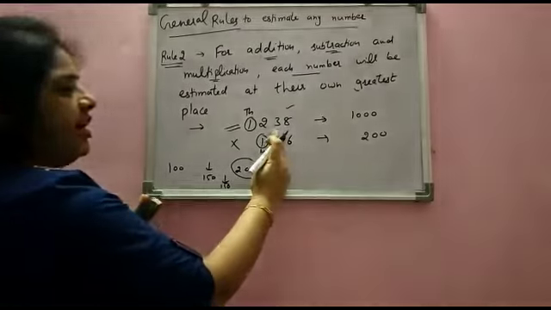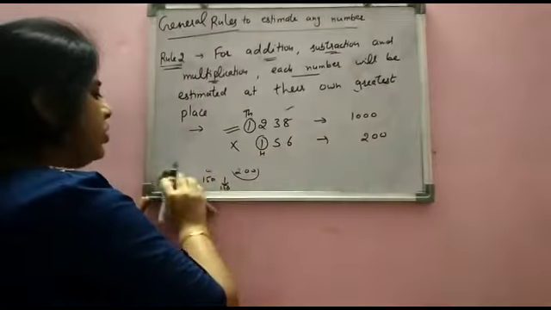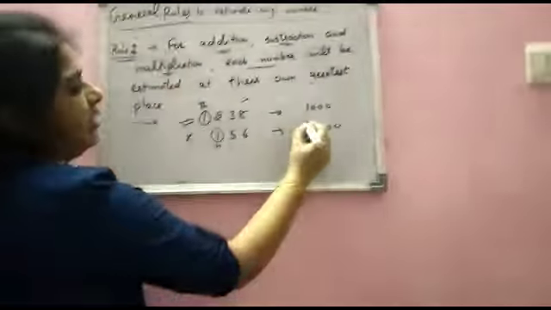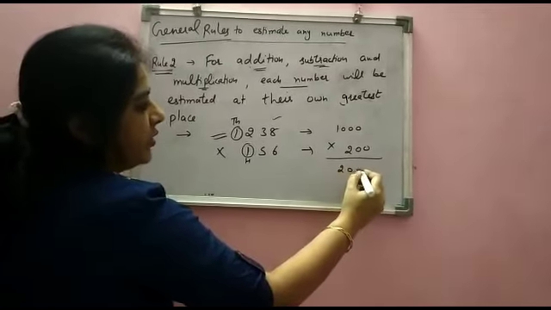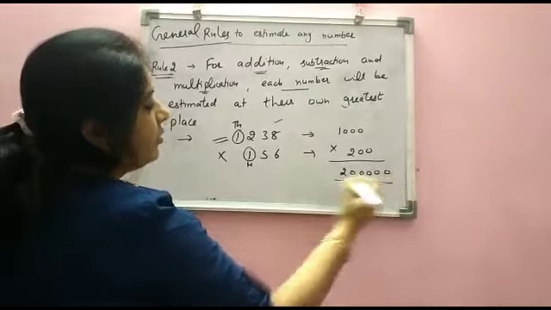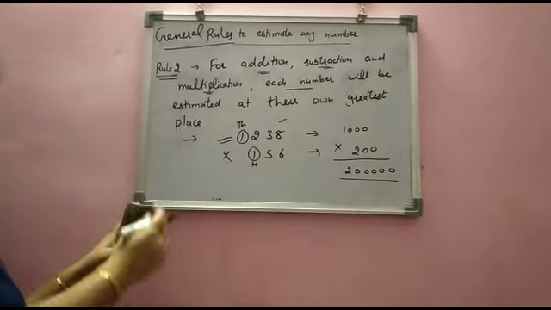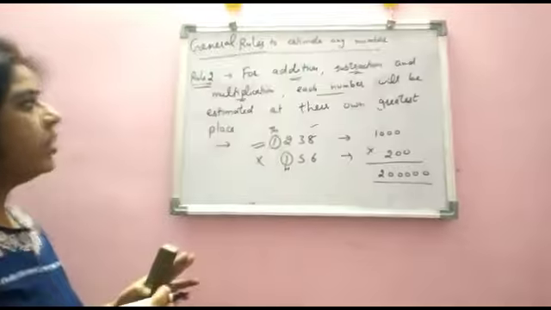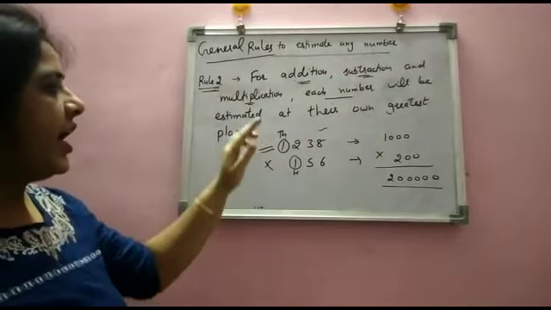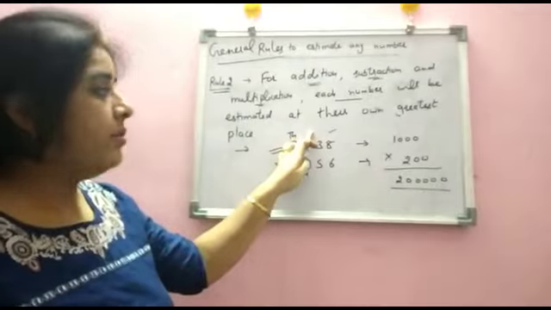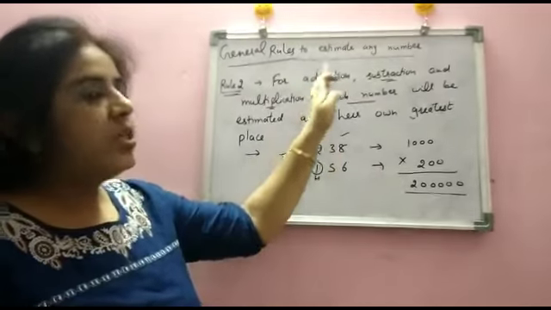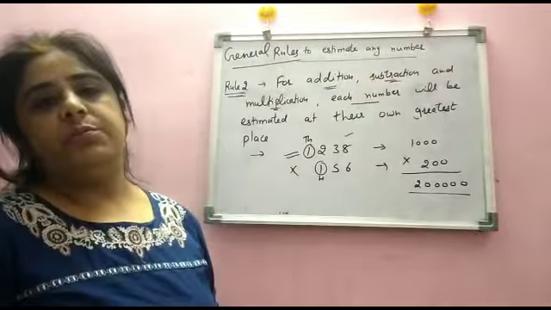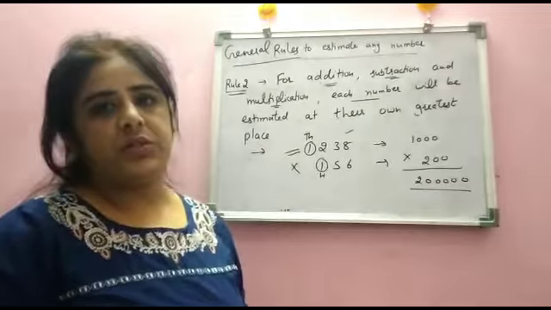Now after getting the estimation of these, we will do the multiplication. So what would the answer be? 2 lakh after multiplication. In this way we will do the subtraction also. It means rule 2 says that first estimate the number at their own greatest place and then do the addition, subtraction and multiplication as given to us.